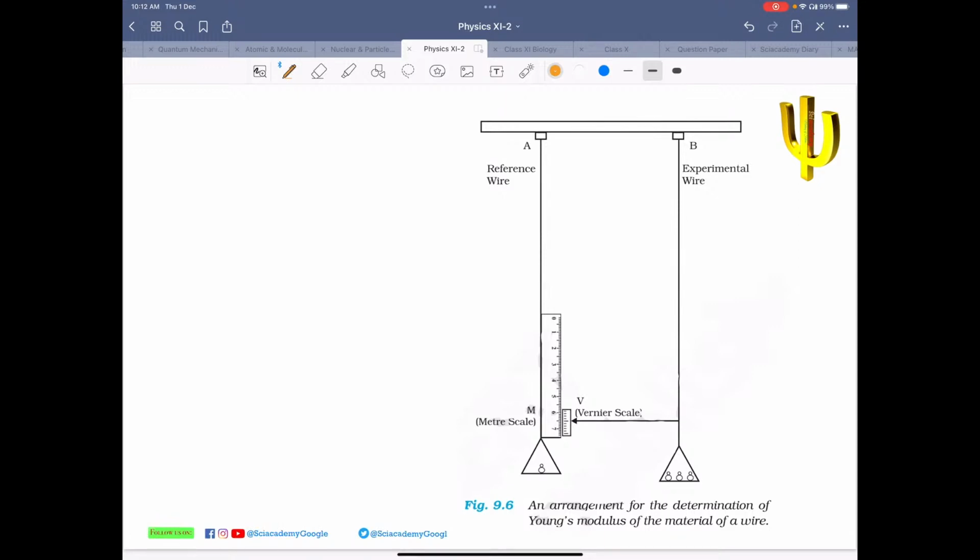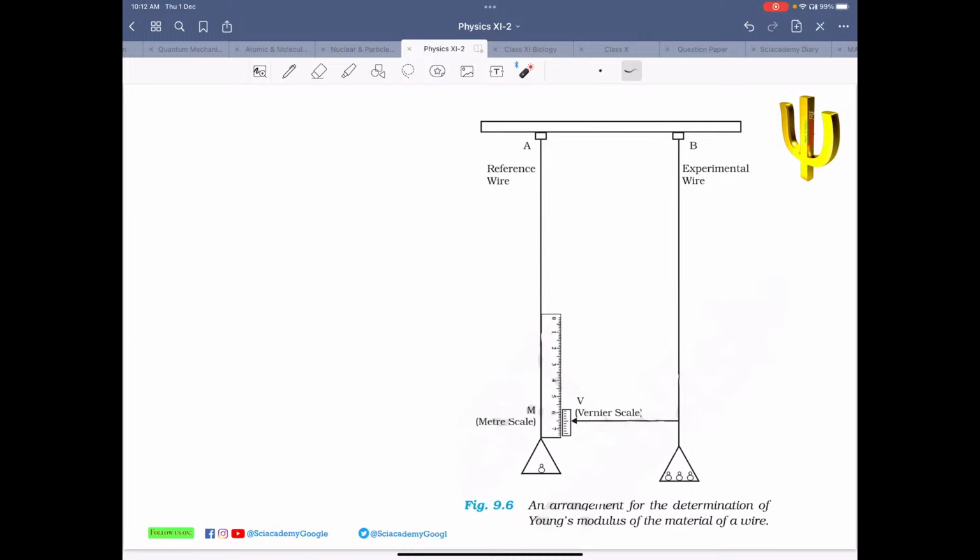Here, there are two wires, one known as the reference wire and the other a wire of which we want to know the Young's modulus. Both wires are hung from the stable base plate. In the reference wire, a meter scale, the main scale, is attached, and in the experimental wire, of which we want to know the Young's modulus value, a vernier scale is attached.